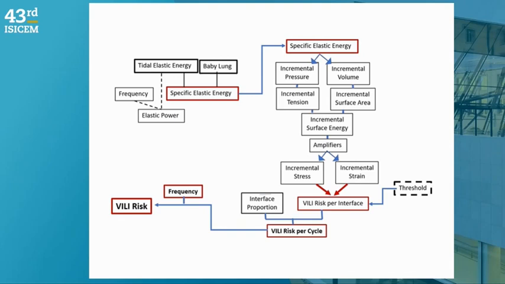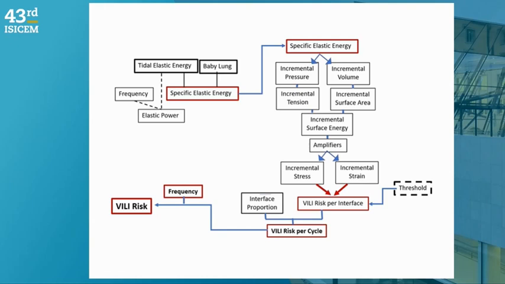Total elastic energy. Okay? And we have frequency. Total elastic energy and frequency, we get the elastic power. This is more or less what we currently use. If we relate it to the size of the baby lung, we have a specific elastic energy. And the specific elastic energy eventually distributes into tension and area change, or incremental surface area change.